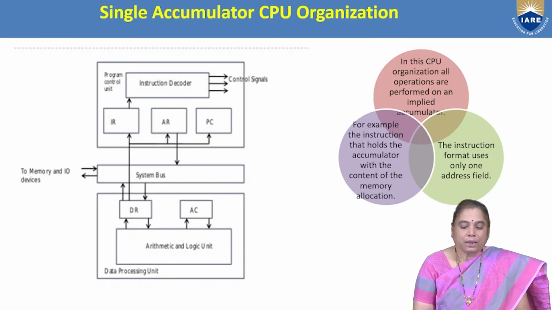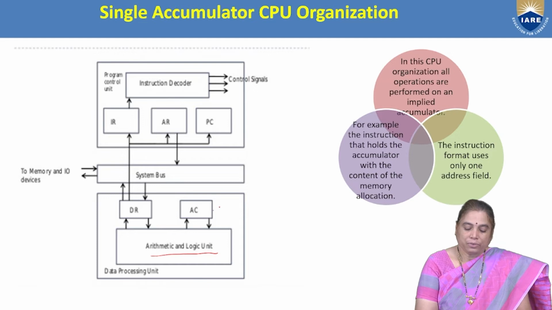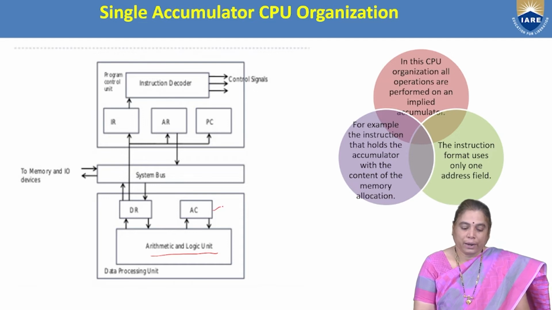Next is single accumulator CPU organization. Here, to perform the arithmetic and logical operations to support the ALU, the accumulator is used to store one operand. The other operand can be fetched with the data register that is specified in the ALU to accomplish the operation.